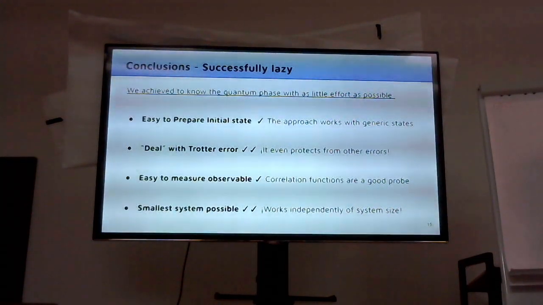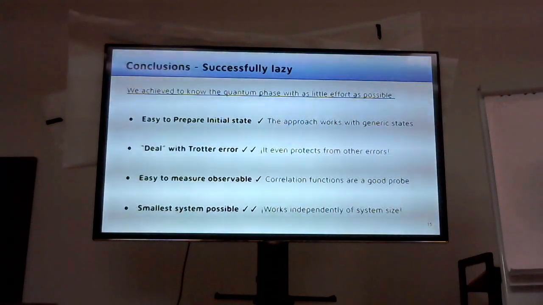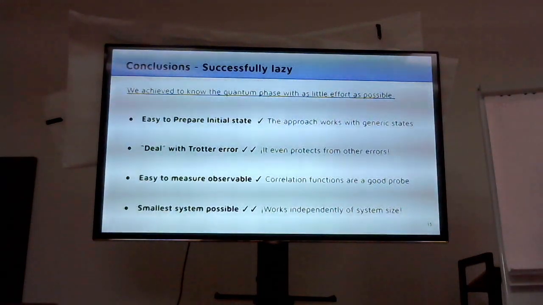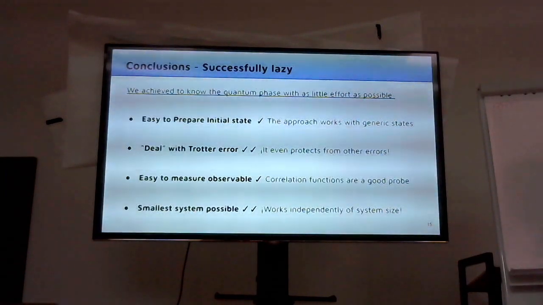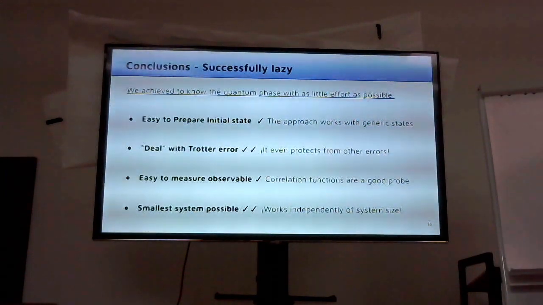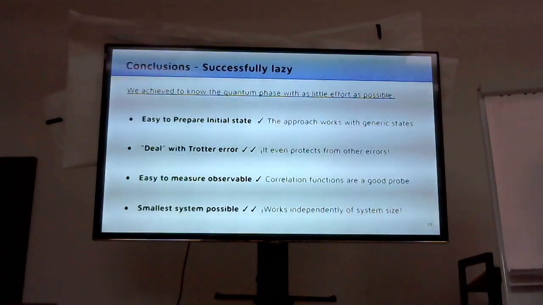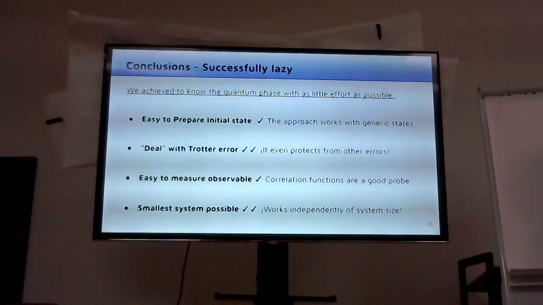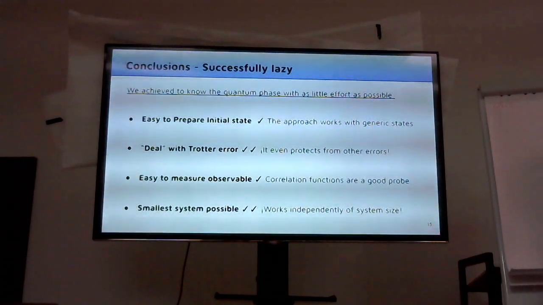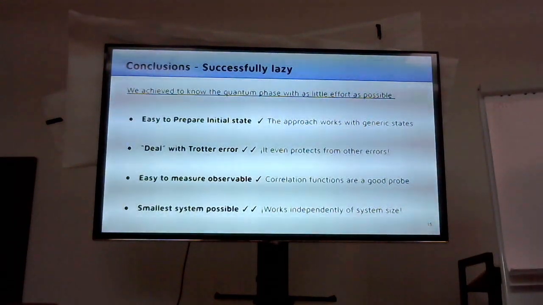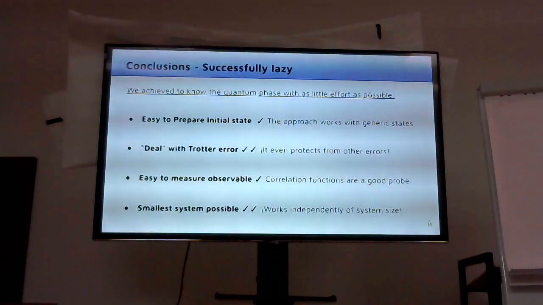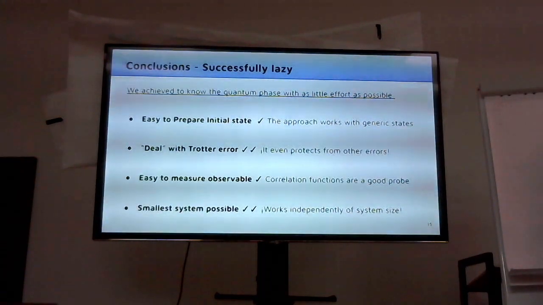So the idea was to prove the theory by measuring something that we can actually measure in a current quantum simulator. But I've also tried and failed many times to use unsupervised machine learning methods, which do not require previous knowledge of the quantum phases, or of the system.